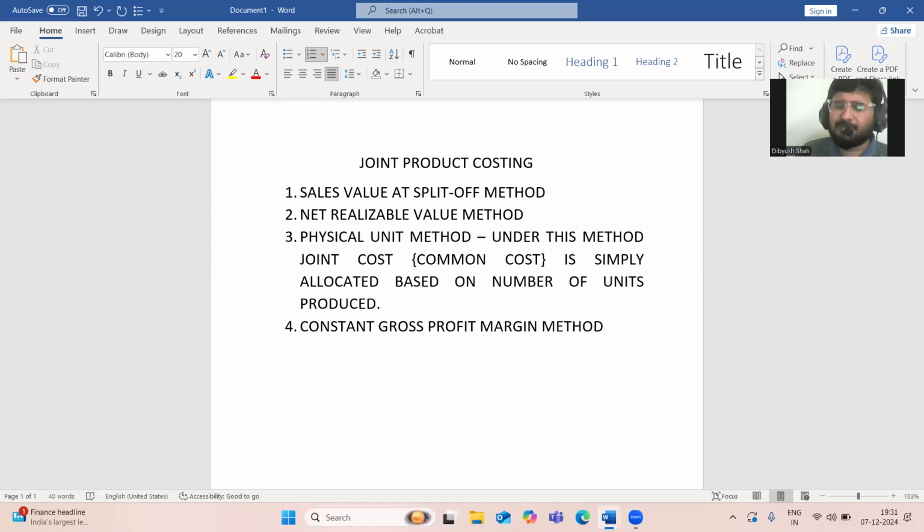See, the focus of constant gross profit margin is that allocate the joint cost in such a manner so that overall gross profit earned by the different divisions are same. I think we learned in transfer pricing, right, that most of the companies generally allow their departments to operate as decentralized profit centers.